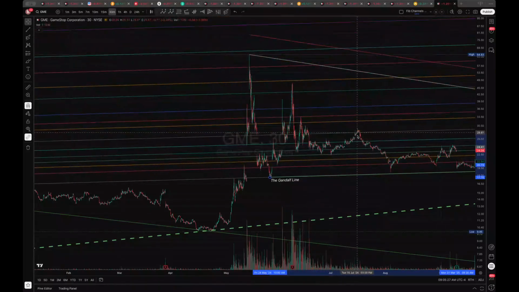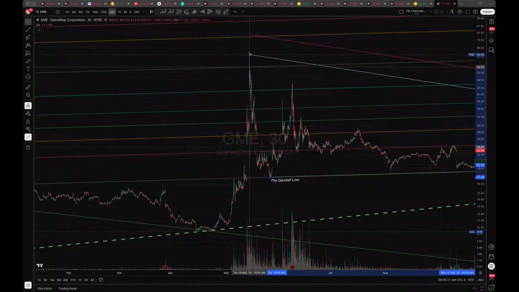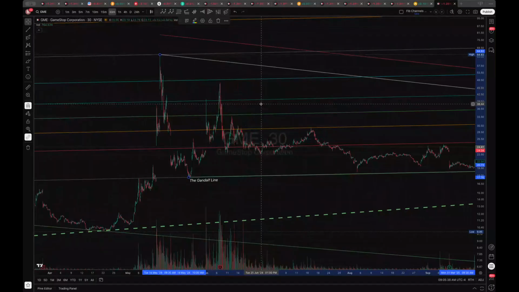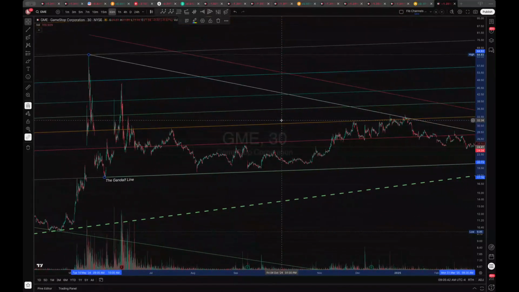It's drawing a bunch of parallel lines based on your first 2 points, and then your third point tells you how far apart they should all be. But they're all going to be parallel no matter what, based on the first trend line that you draw. And so that's why this is overlapping with the Gandalf line.